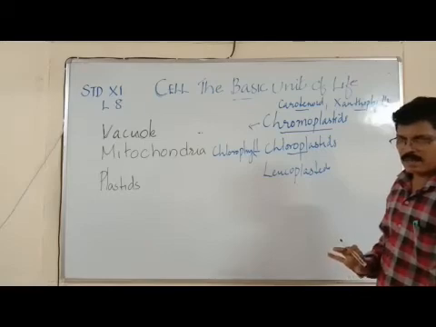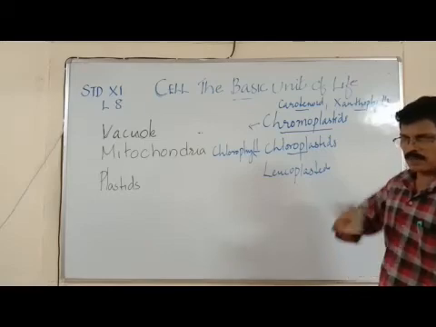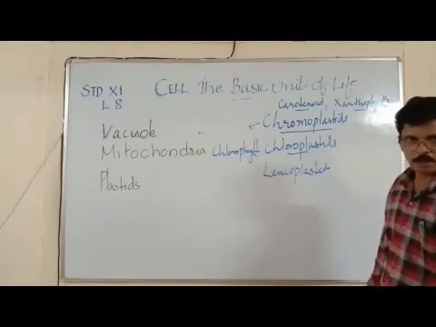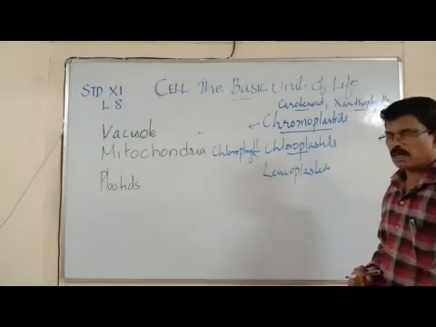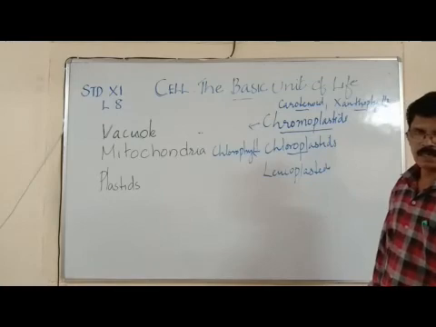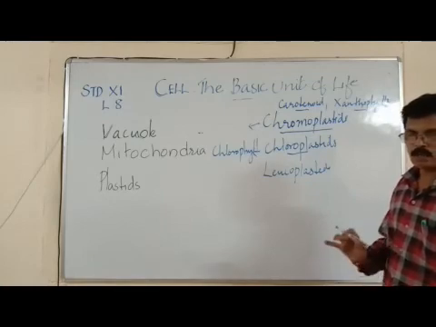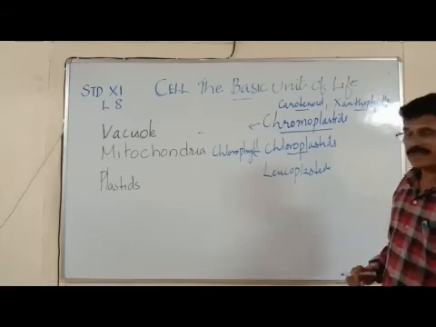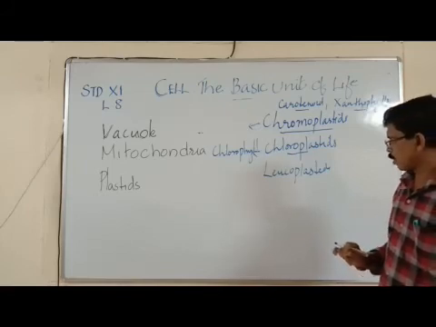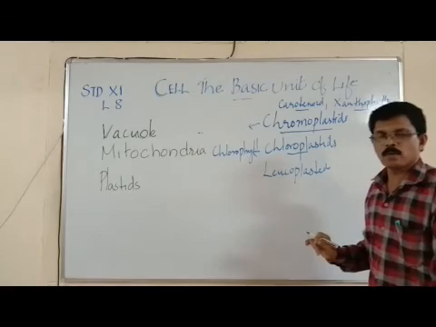Chloroplasts do not absorb the green light, they reflect it. In the visible spectrum, 7 colors are there. The chloroplast being green in color reflects the green light, and because of the reflection we see the chloroplast as green in appearance. So chloroplasts are green color bearing organelles.